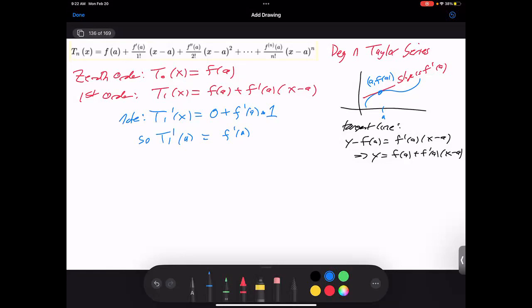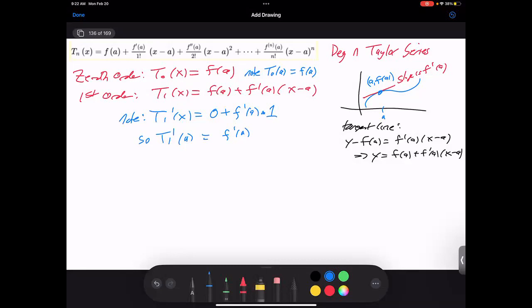So the first order Taylor series equals the function at a. So note, t1 of a equals f of a. And its instantaneous speed at a agrees with the instantaneous speed of our function. So the first order Taylor series agrees with the function at a, and its first derivative agrees with the first derivative of the function at a.